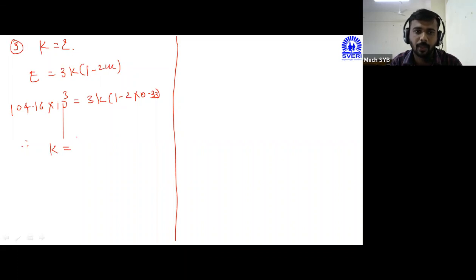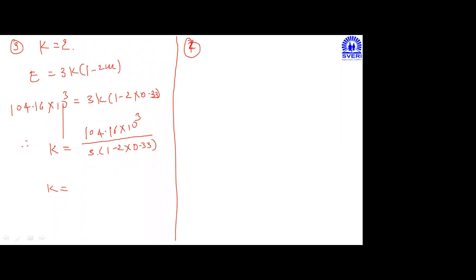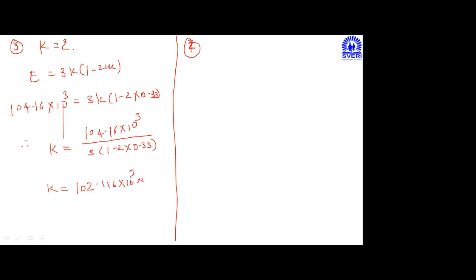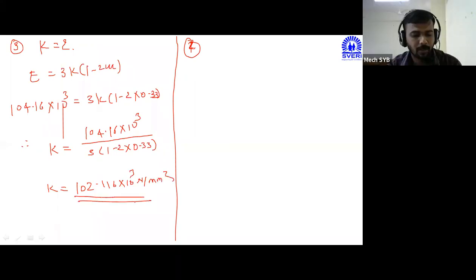So K is equal to 104.16 into 10 raised to 3 divided by 3 in bracket 1 minus 2 into 0.33. K answer: 102.116 into 10 raised to 3 Newton per mm square. Please check your answer.